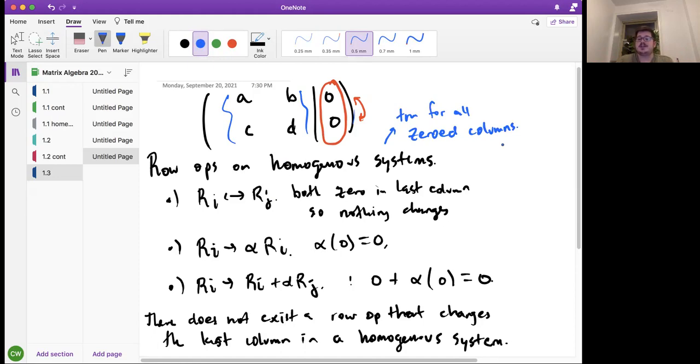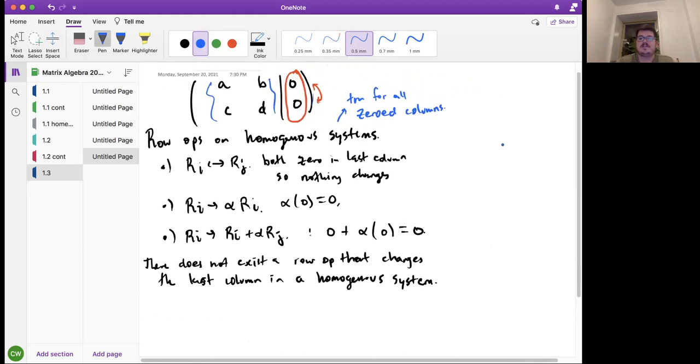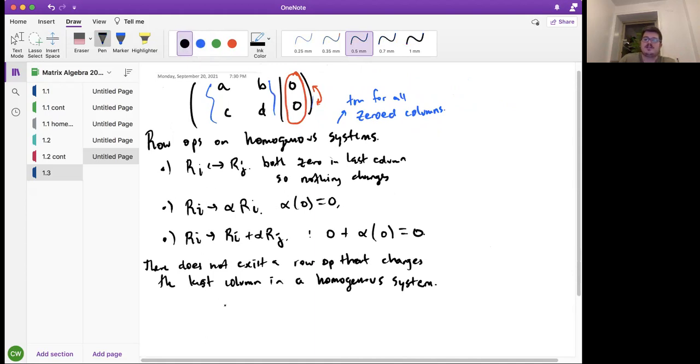Why is this so nice? Well, if that's true, then it might be easier just to write it like this, right? Do I have to write out that augment 0, 0 every single time? Not really, because row operations don't change that.